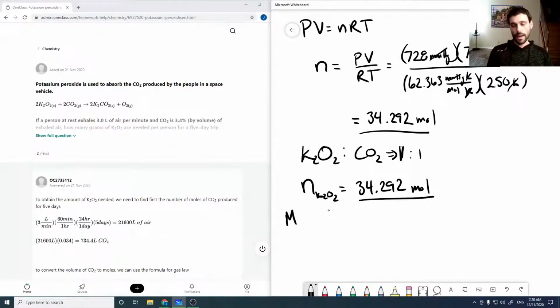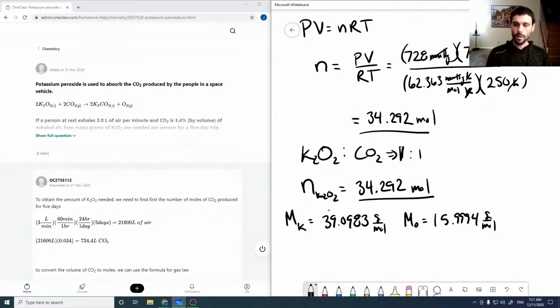So to get mass in grams, we need our molar mass. So mass of potassium is 39.0983. Mass of oxygen, or molar mass of oxygen, is 15.9994.